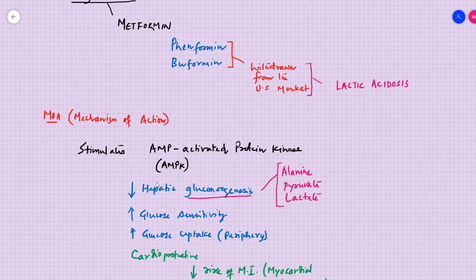But this drug inhibits hepatic gluconeogenesis, meaning it does not allow alanine, pyruvate or lactate to be converted to glucose. So lactate is not converted to glucose, and as a result, lactate accumulates.